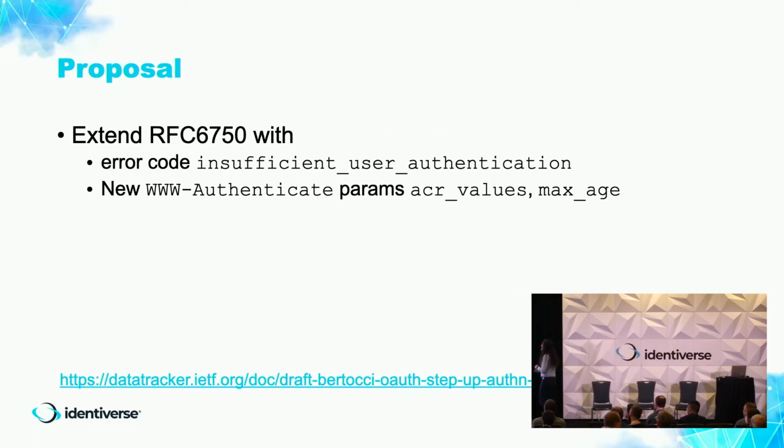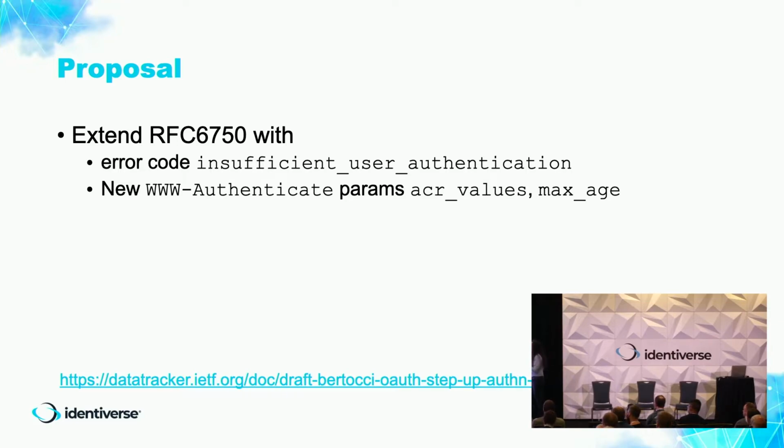So our proposal is very simple. We are introducing a new error type, which is insufficient user authentication, which lives in parallel to the insufficient scopes, can be used in combination with insufficient scopes if necessary.